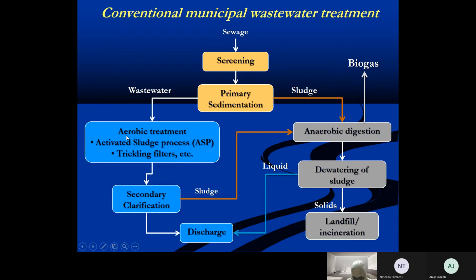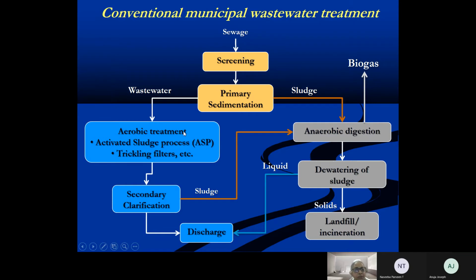I don't know if I have impressed upon you enough by now that when you have organic matter and you add oxygen to it, it will eventually get converted to CO2 and water. Now, if it's a biological process, this reaction is biologically mediated, which means one of the end products is biomass.